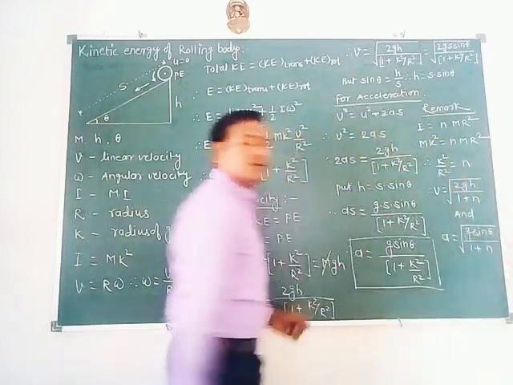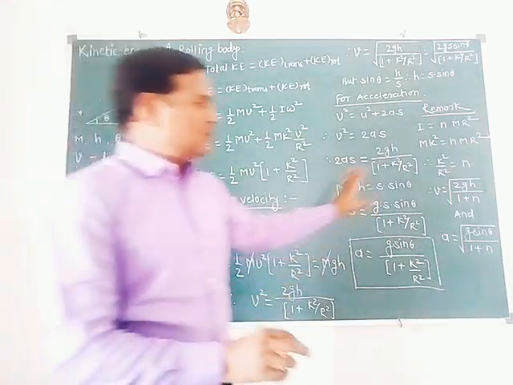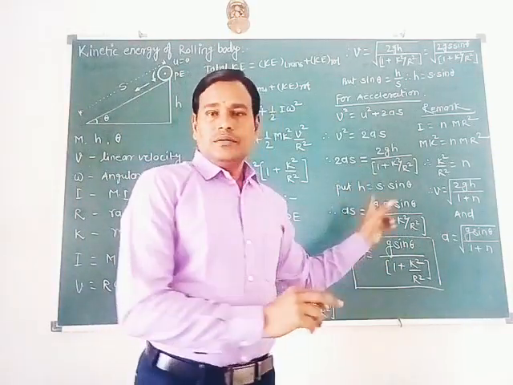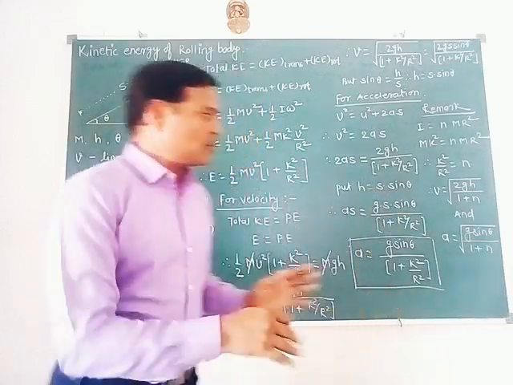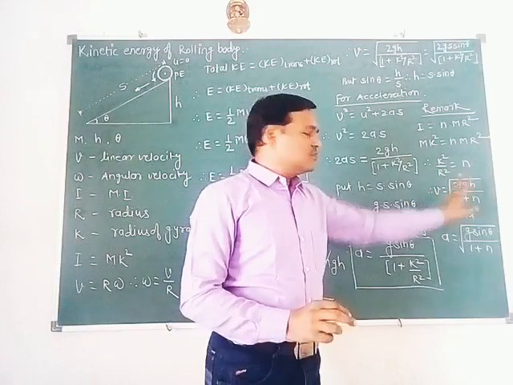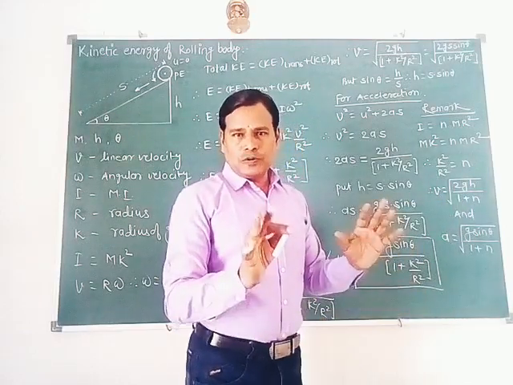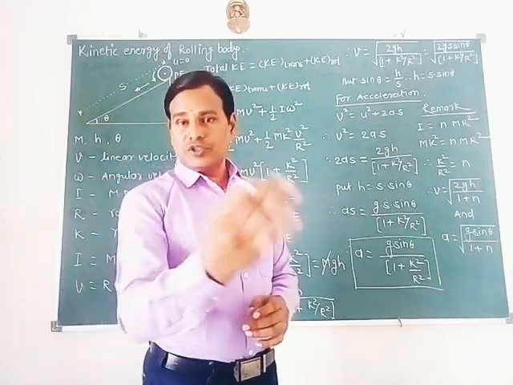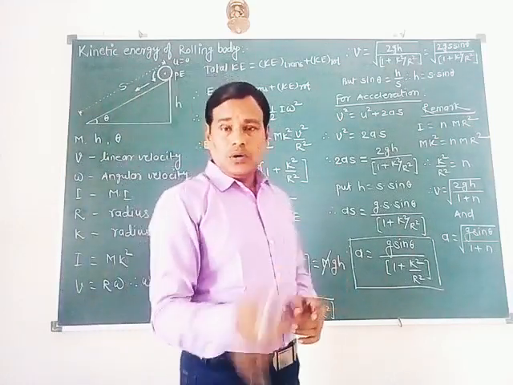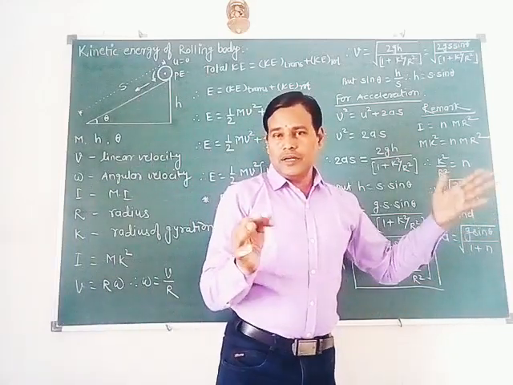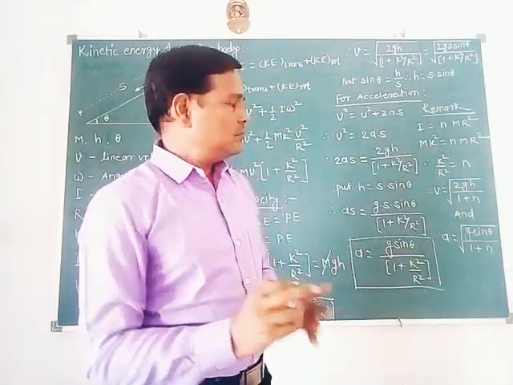So these are again very important relations for using these formulas in solving objective type questions. So this is velocity in terms of n. For disc it is n equal to 1 by 2, for sphere it is 2 by 5, hollow sphere it is 2 by 3, for ring it is just 1, and so on.